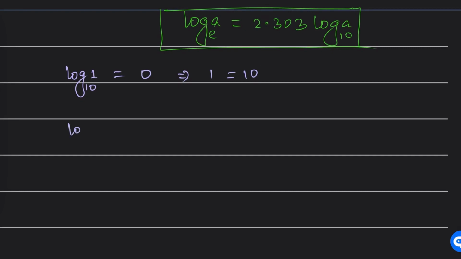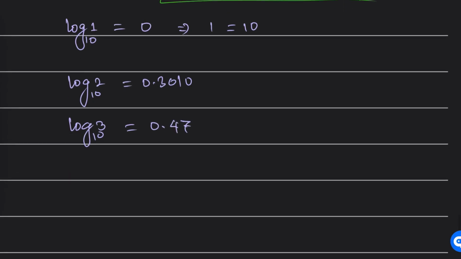Next, log of 2 to the base 10 is 0.3010. Similarly, log of 3 to the base 10 is 0.477.